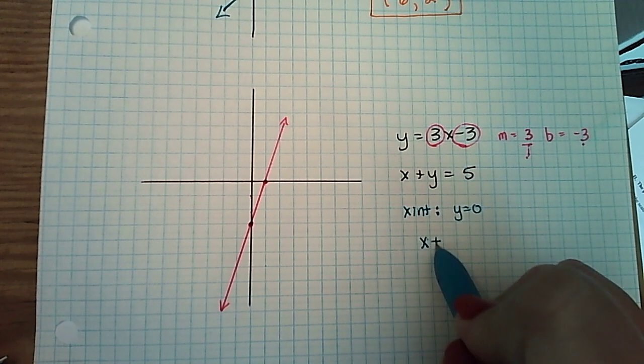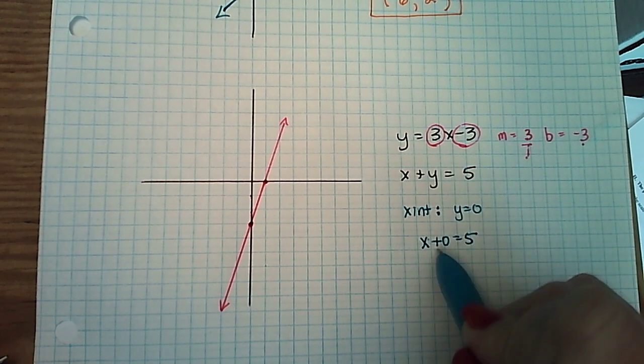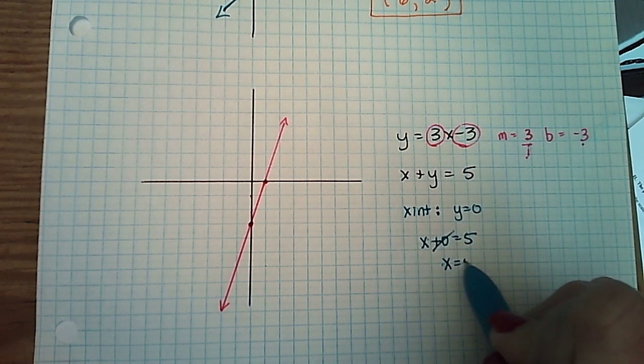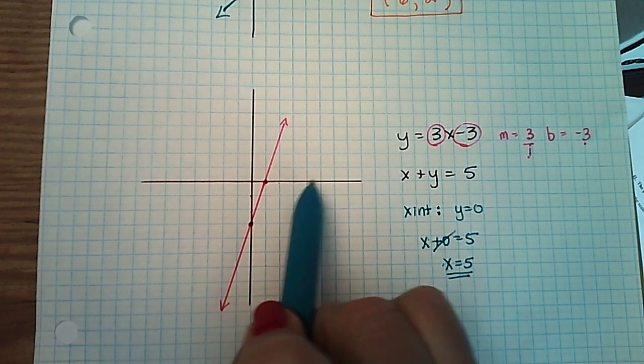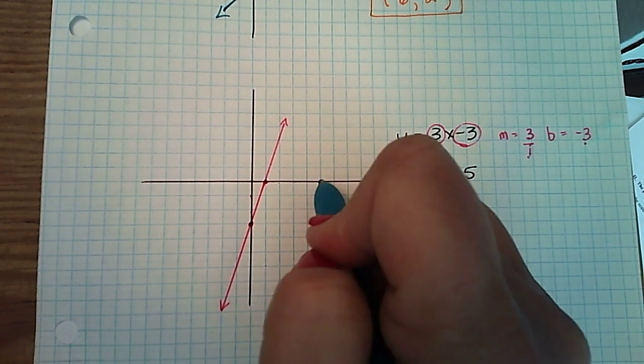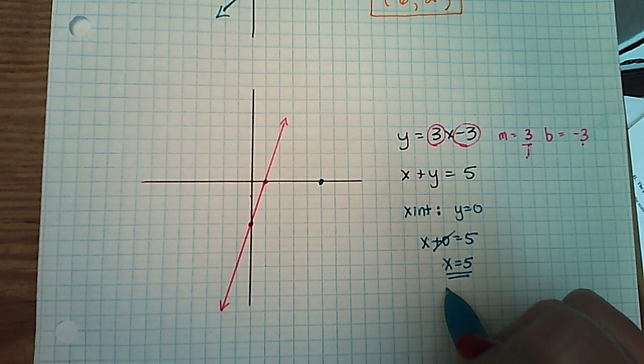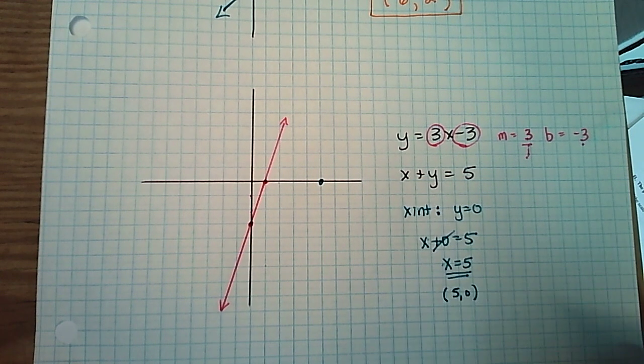So x plus 0 equals 5. That goes away, so my x is 5. That means on my x-axis, my x-intercept, 1, 2, 3, 4, 5, is 5. Because remember, it's not really x equals 5, it is the ordered pair 5, 0.